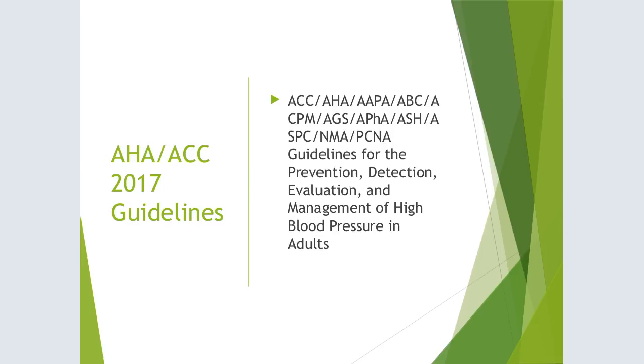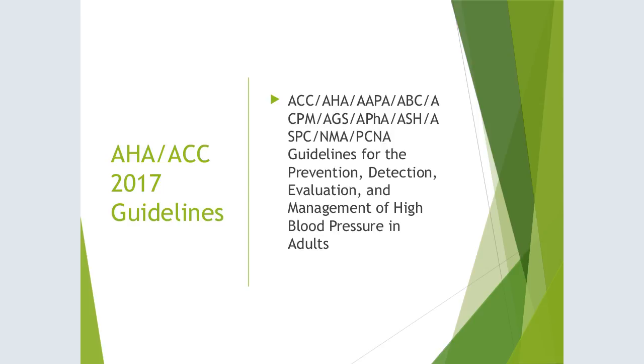That's everybody. So you've got the ACC, American College of Cardiology, the American Heart Association, the American Association of Pulmonary, maybe, I don't remember, ABC, which in Alabama is the Alabama Beverage Control, but that's not who that is.